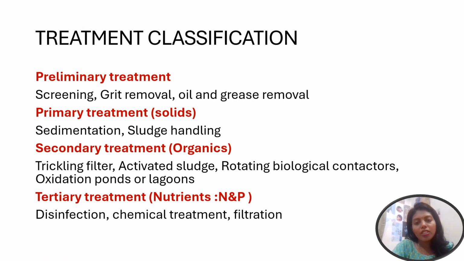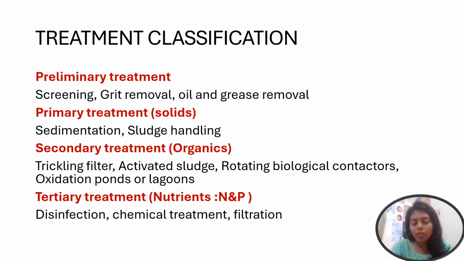Wastewater treatment includes several steps to remove contaminants that are present in the water. We can classify these steps into four categories. That is preliminary treatment, which will remove solid large objects present in the water by screening, grit removal, and oil and grease removal. The second one is primary treatment, that is mainly to remove solids by sedimentation and sludge handling.